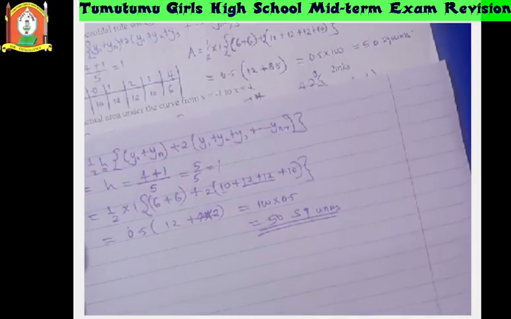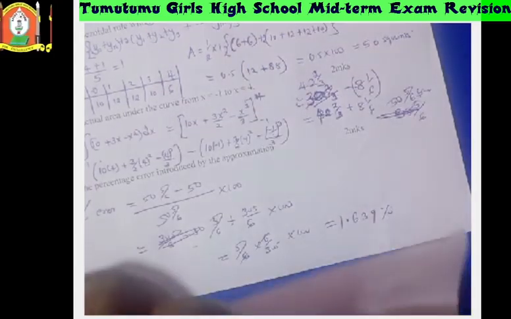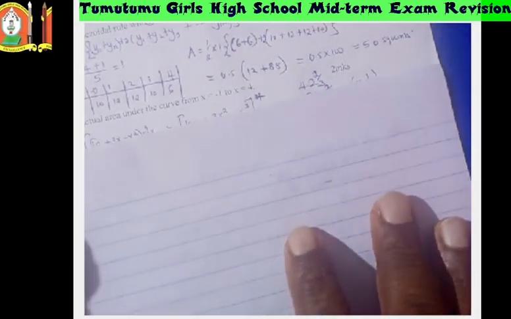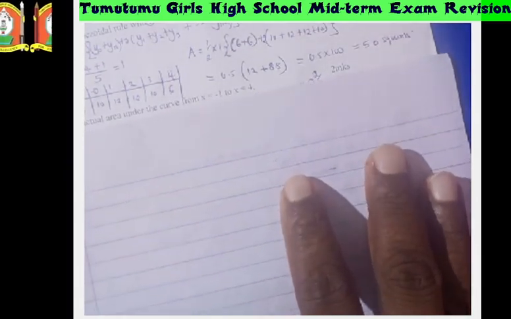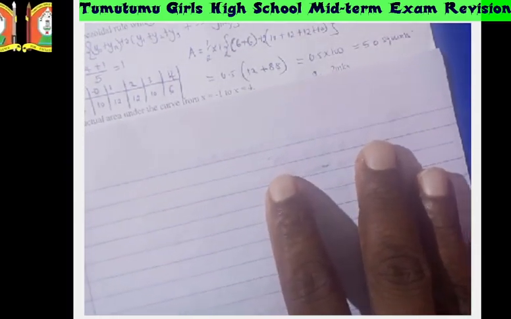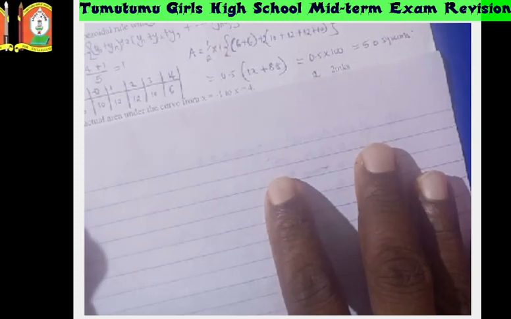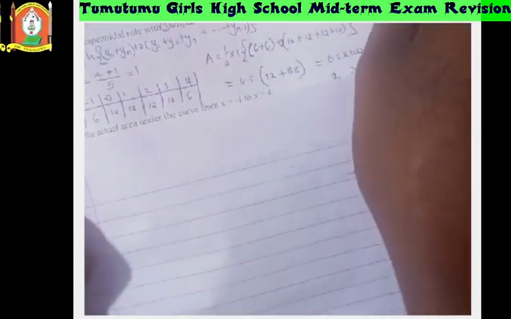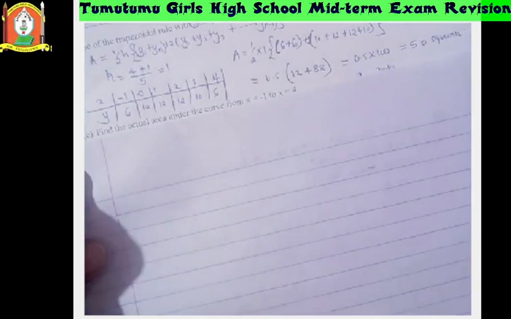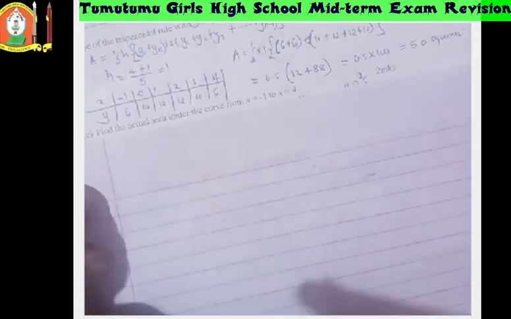For B, we are told to find the exact area under the curve for the given limits. The exact area is given by integration.